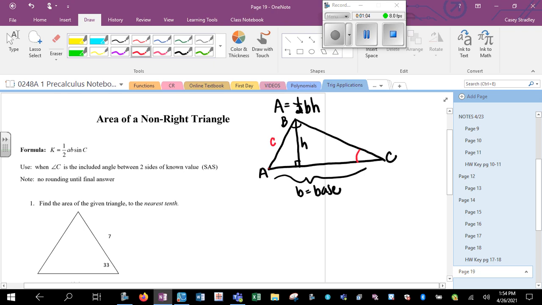So if I use my right triangle trig information for angle A, I know the sine of angle A is opposite over hypotenuse. Let's cross multiply.